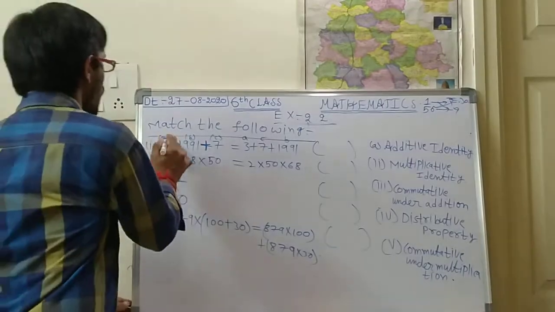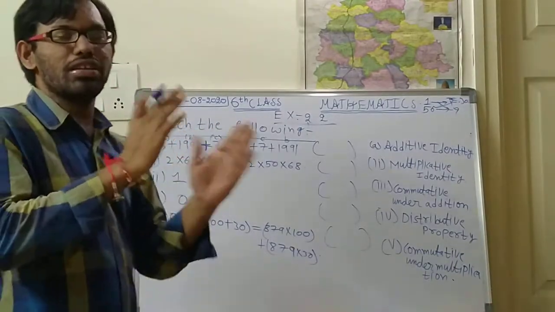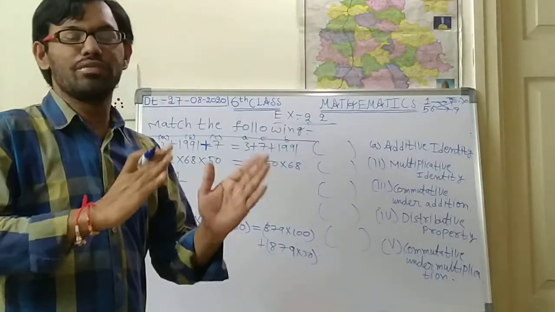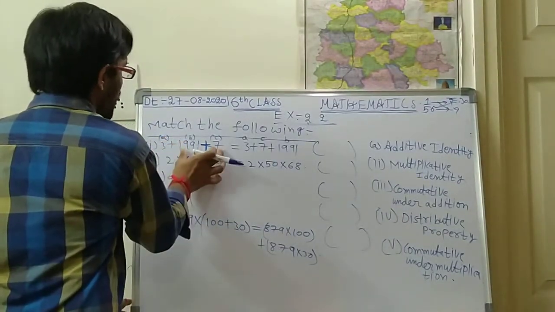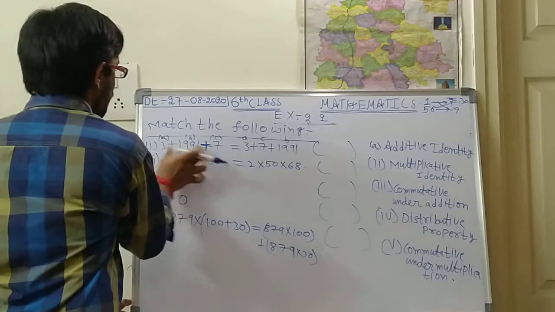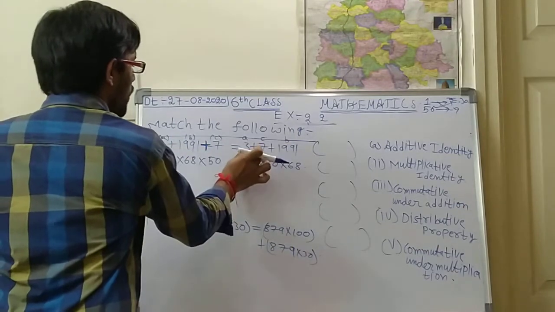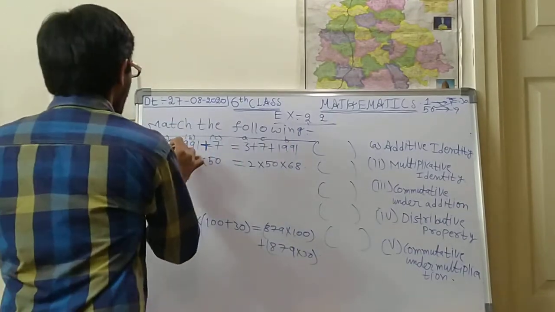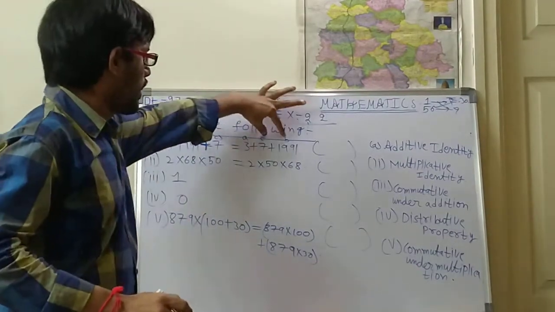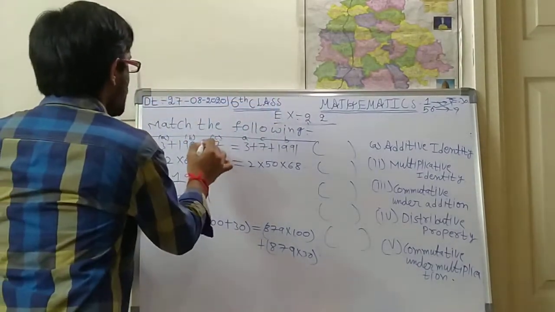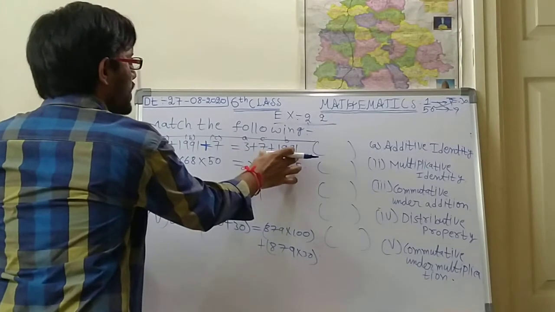Why commutative? A plus B is equals to B plus A. So here B plus C is given as reversal.